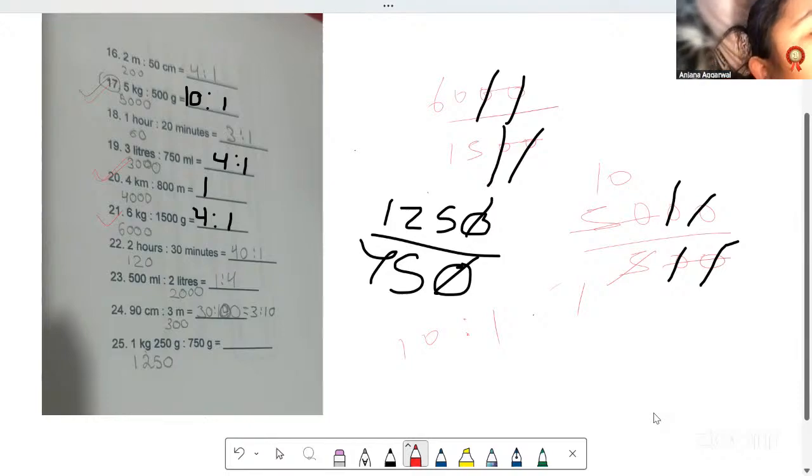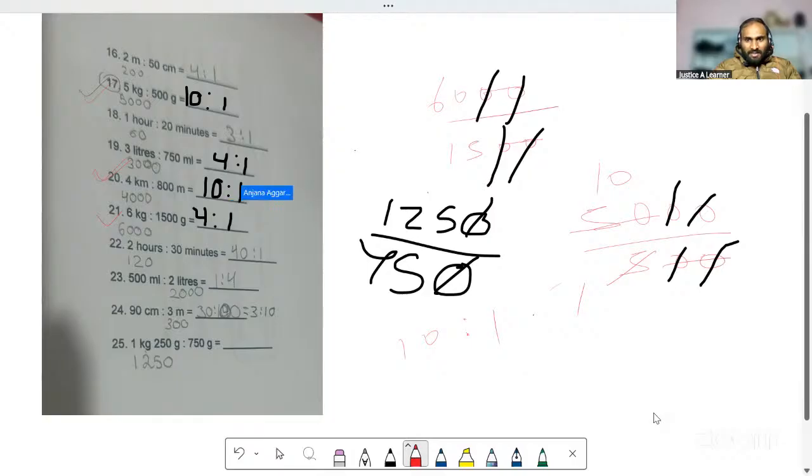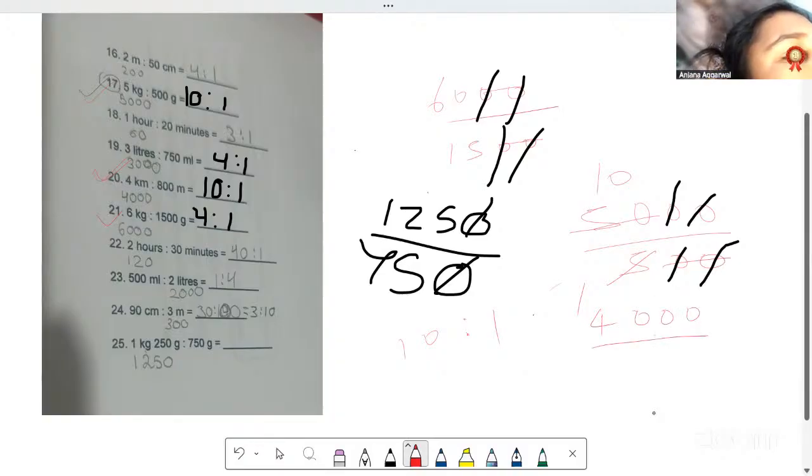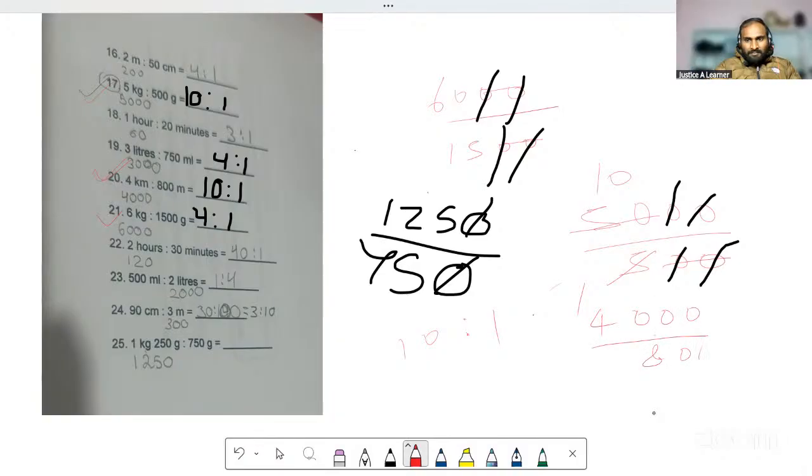Okay, one more time, I'm just checking it. Look here. This is 4,000, right? And this is 800, right? It would be cancelled out, right? So 8 ones are 8 and 8 fives are 40. So how can it be 10 and 1?